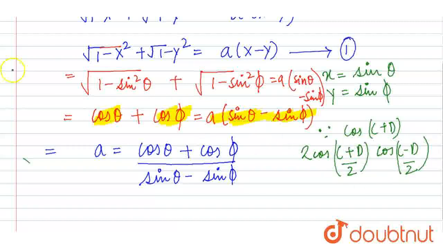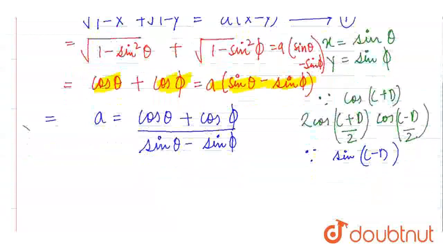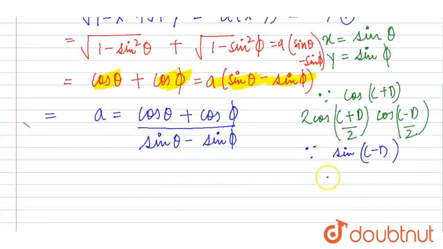And the second formula is for sine C minus sine D. That is 2 cos((C plus D)/2) sin((C minus D)/2). So these will be the formulas for sine C minus sine D and cos C plus cos D.